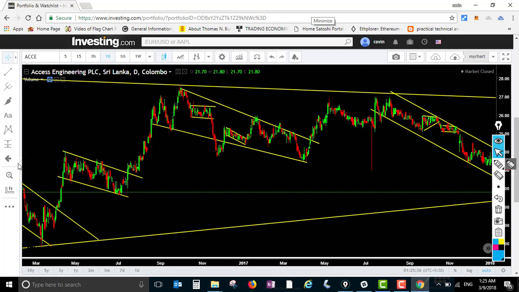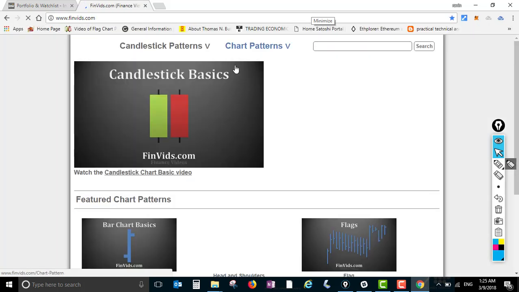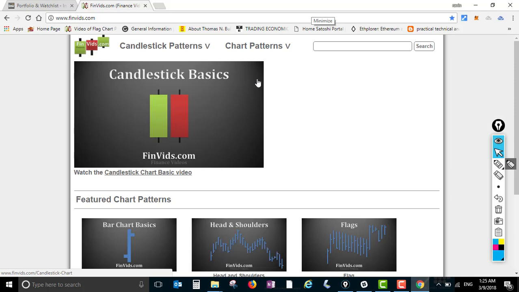As a beginner, I will show you this: finviz.com is a good site where you can find chart patterns and candlestick patterns.